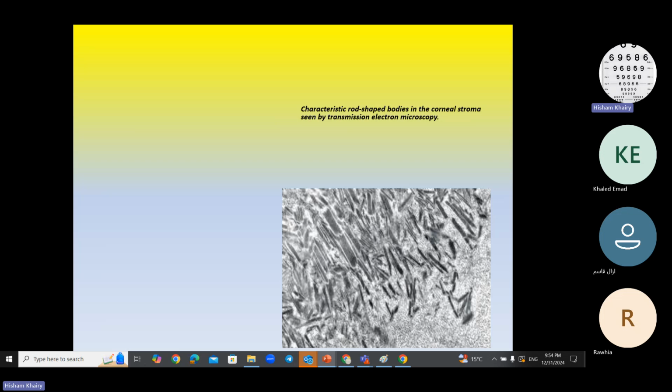Rod-shaped bodies are seen in the corneal stroma by transmission electron microscopy.